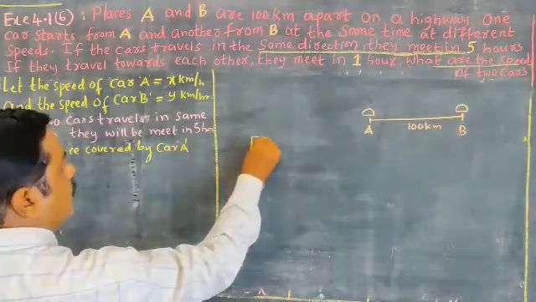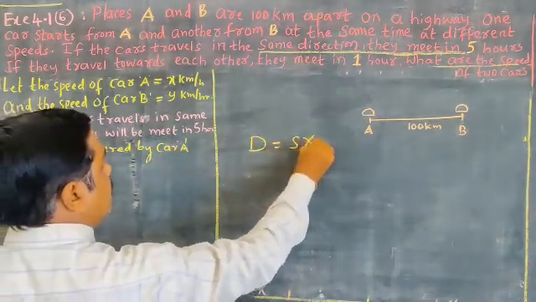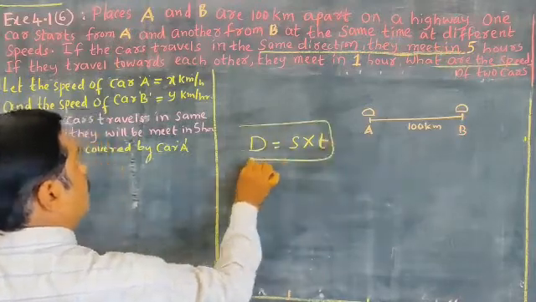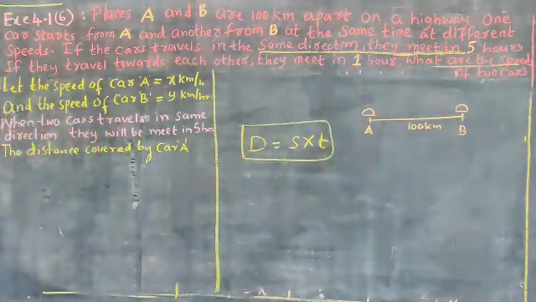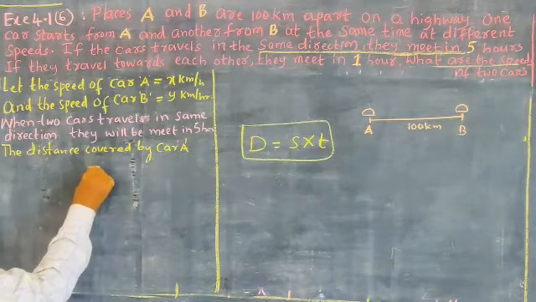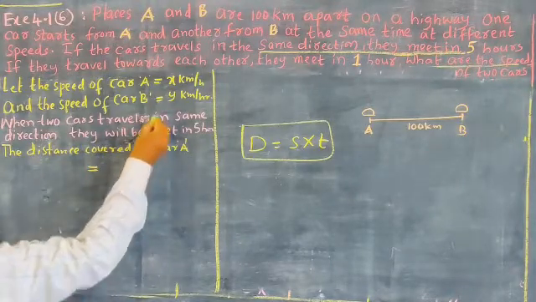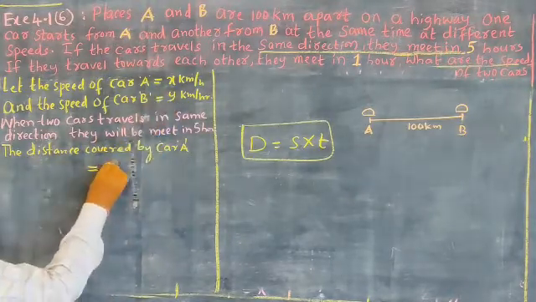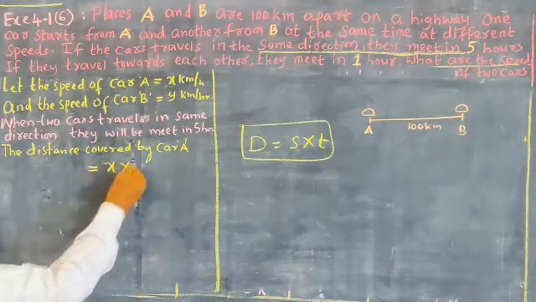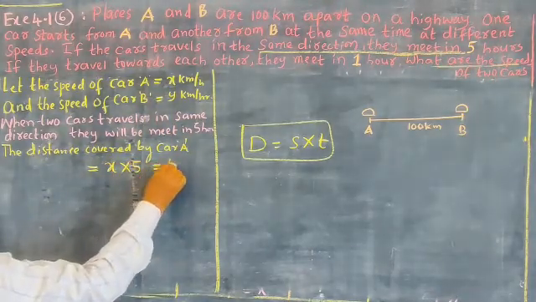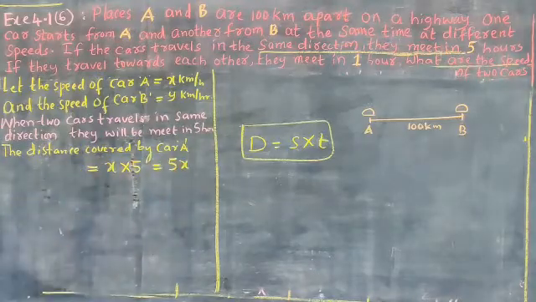We have the formula: distance is equal to speed into time. By the help of that formula, I write speed into time. Here the speed of car A is x and time is 5 hours. So it is 5x kilometers.